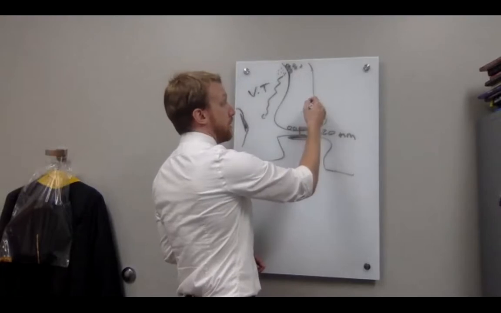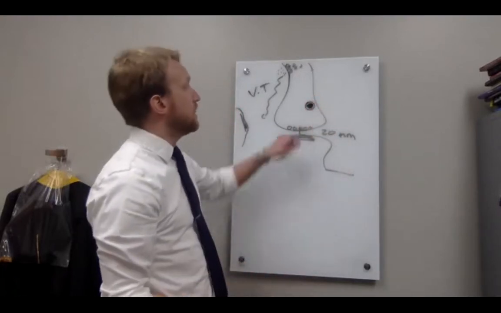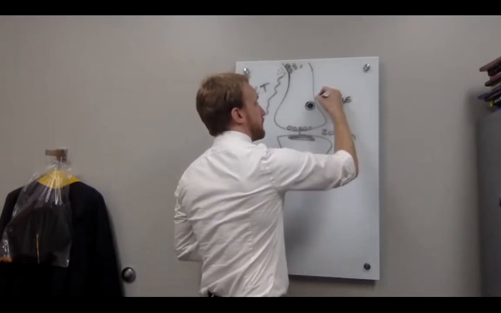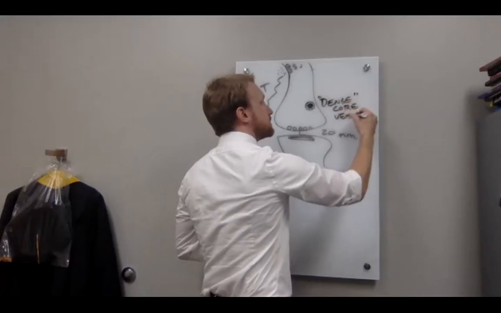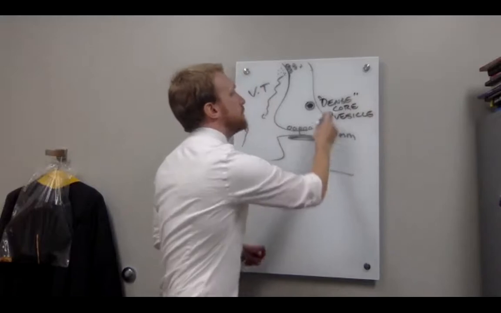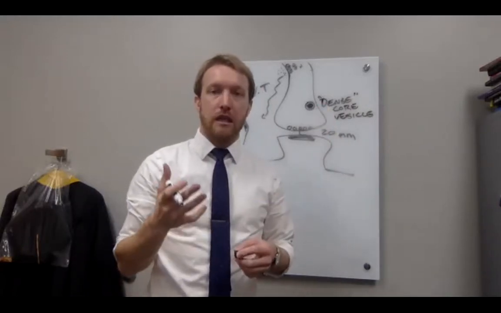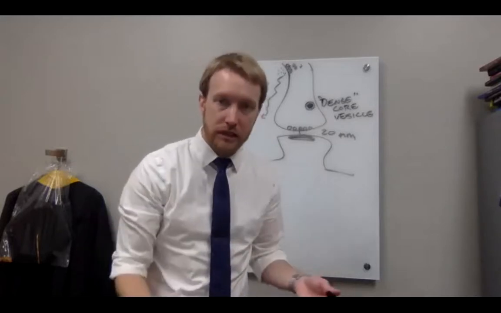These are stored in larger, what we call dense core vesicles. Dense, in this case, refers to how the core of the vesicle looks. So it's exactly what it sounds like. When we say dense, what we mean is it looks dark in an electron micrograph. And that's because it's filled up with protein. And that's all that's telling us.